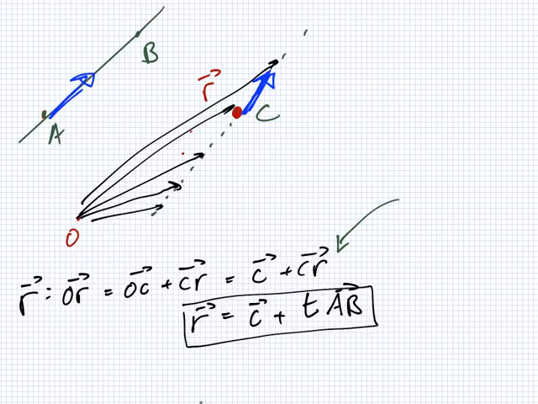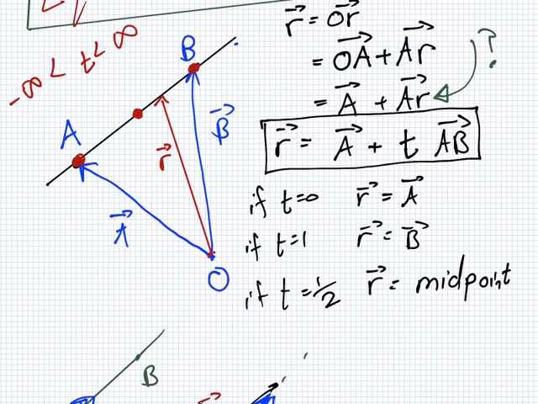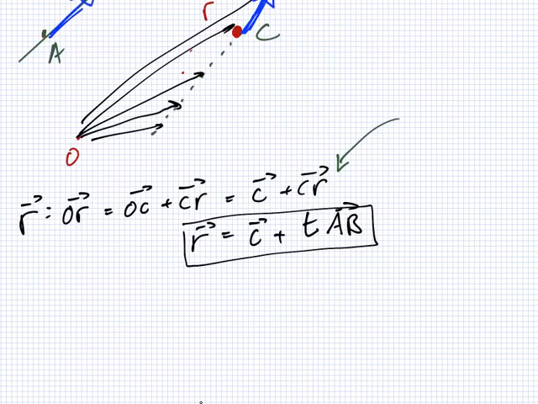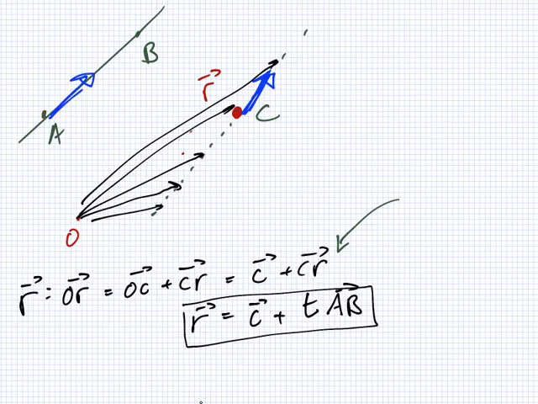So, in fact, it almost looks the same, except instead of the A, it's a C. So they have the same equation. Yeah, nearly exactly the same. But this time, what's the interpretation if t equals 0? What do you get? You get C, yeah.